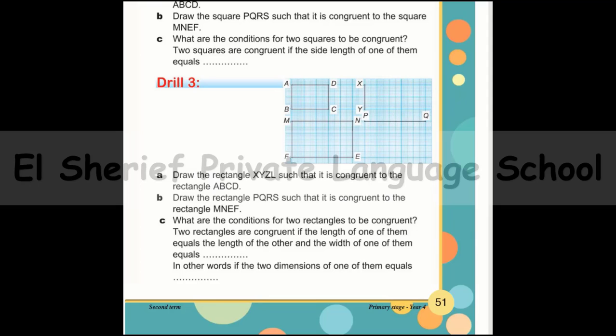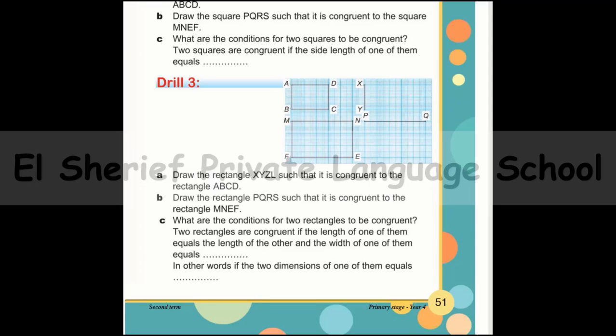If we draw a rectangle with length 5 and width 3, and draw another rectangle with length 5 and width 3, we notice that the two rectangles are congruent because we find the corresponding sides equal in length and corresponding angles equal in measure.